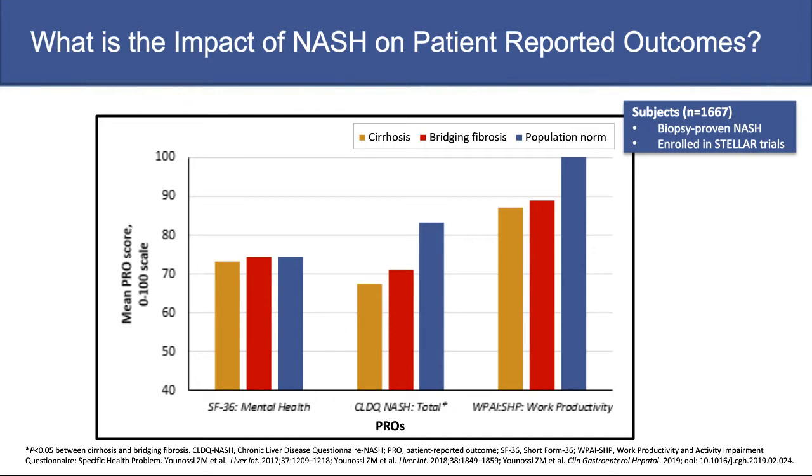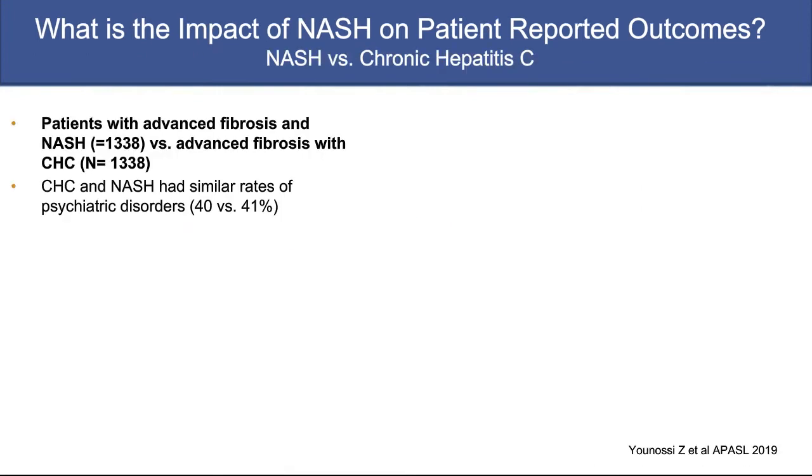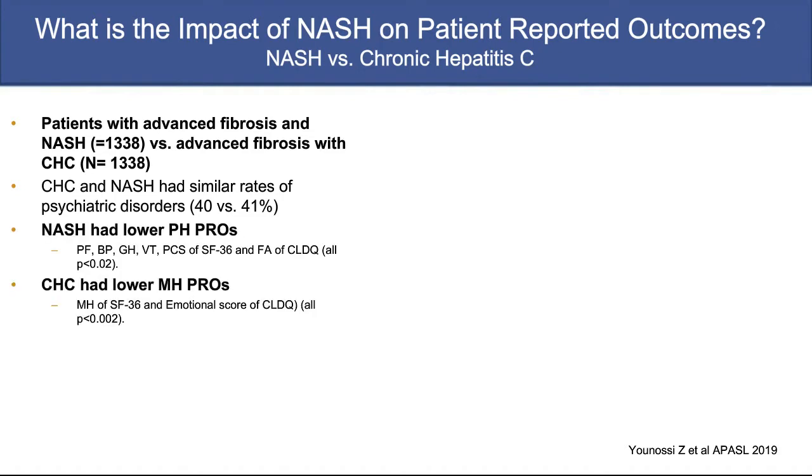In fact, when you compare patients with NASH to patients with chronic hepatitis C, this is a case-controlled study of over 1,300 patients with biopsy-proven NASH and advanced fibrosis and biopsy-proven chronic hepatitis C. You'll see that NASH patients had physical health PRO impairment, especially in physical function, bodily pain, general health, and vitality. On the other hand, chronic hepatitis C had lower mental health PROs.